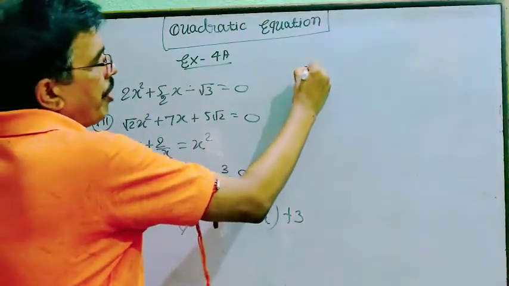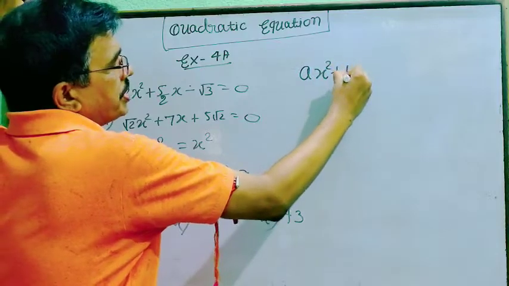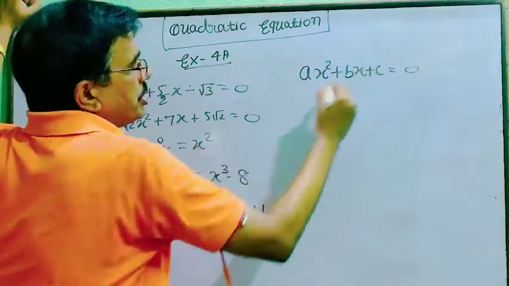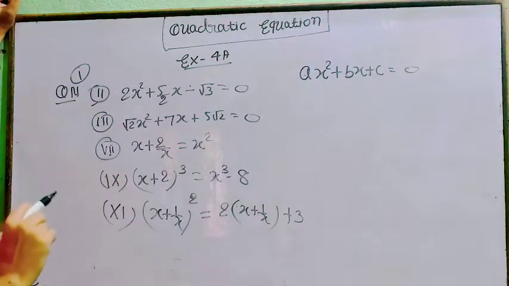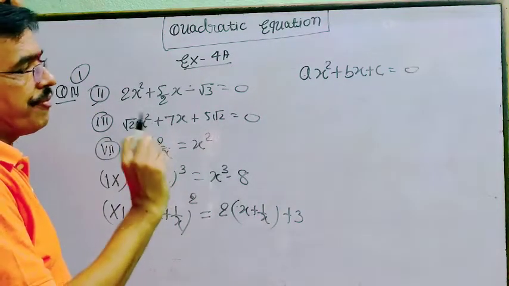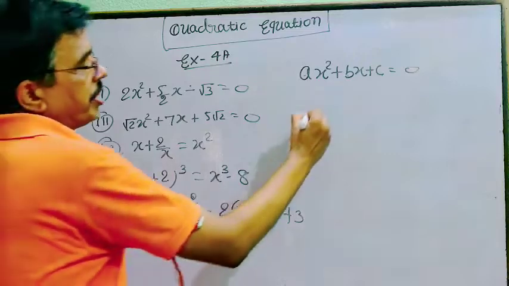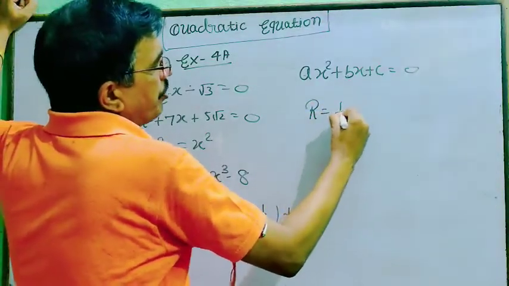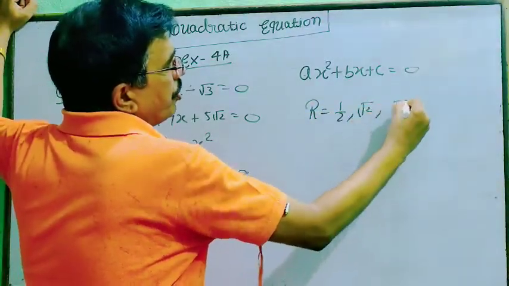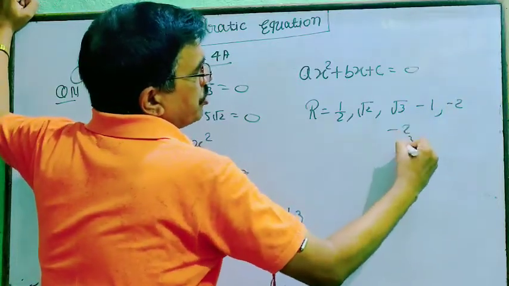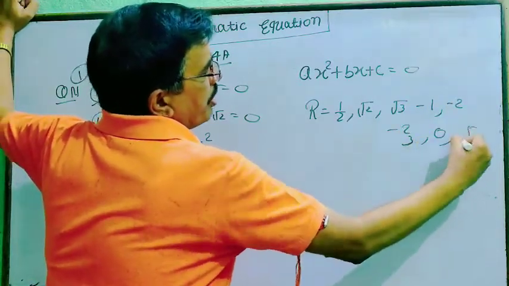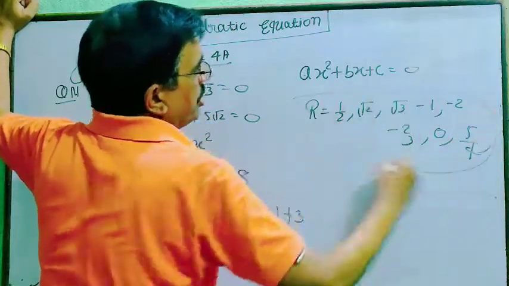A quadratic is in the form ax square plus bx plus c is equal to 0, where a, b, c are real. So what is a real number? The combination of rational and irrational numbers is called the real numbers. So 1 by 2, root 2, root 3, minus 1, minus 2, minus 2 by 3, 0, 5 by 4, all are real.